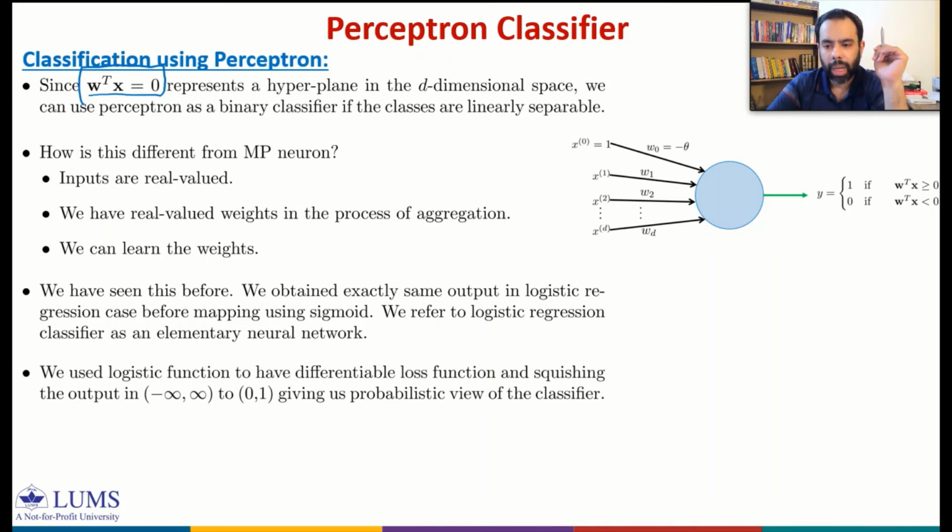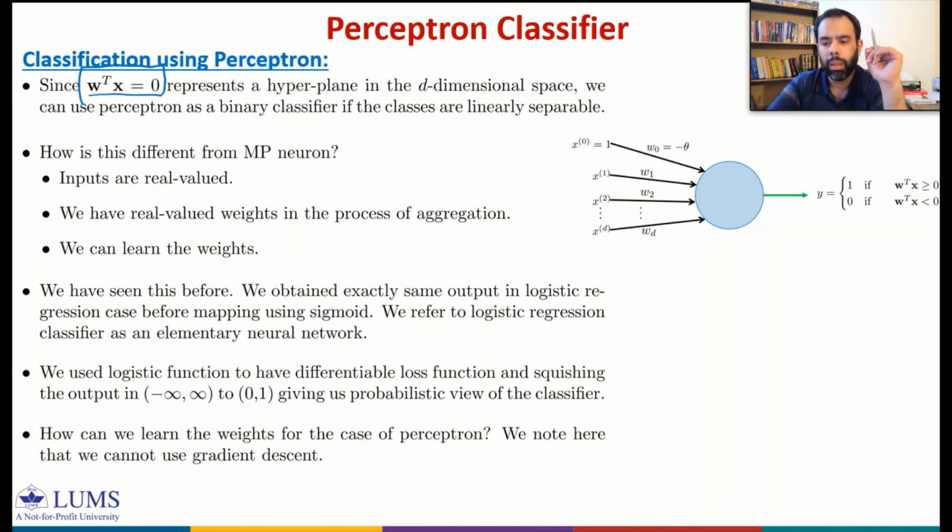I have explained this. And the question is, how can we learn the weights for the case of perceptron? Due to thresholding, due to non-differentiability of the final decision, right? So we have a thresholding here. If we have a weighted sum greater than 0, the output is 1.